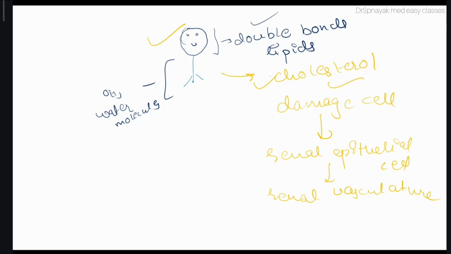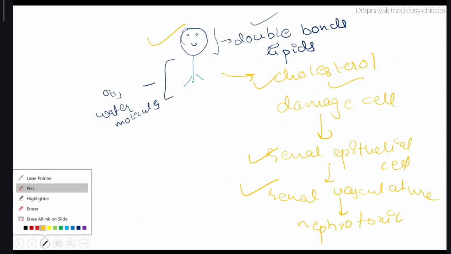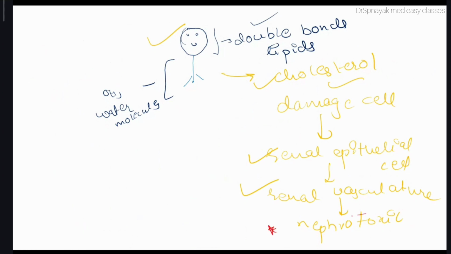The cell won't be able to maintain its microenvironment, which leads to leakage. It particularly has the affinity for the renal epithelial cells present in the kidney and renal vasculature. So amphotericin B is said to be nephrotoxic. It is very, very important.